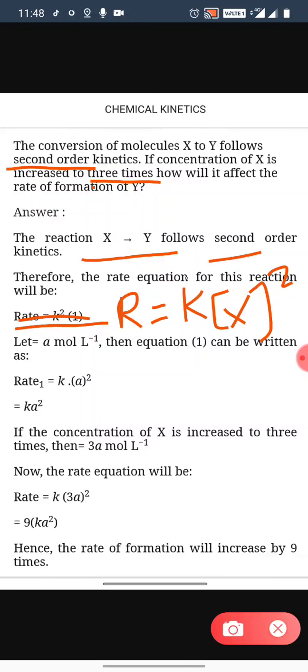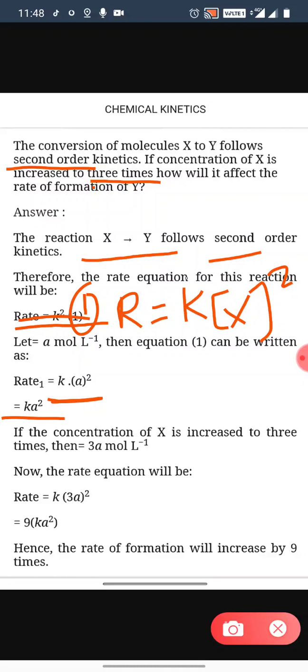Okay, instead of using this, children, use this equation. Let A moles per liter be the concentration of X, then this is your equation 1. It can be written as R is equal to K into A square, because the concentration here is taken as A. So finally the rate will come out to be K A square.